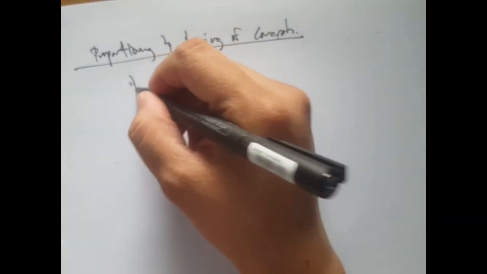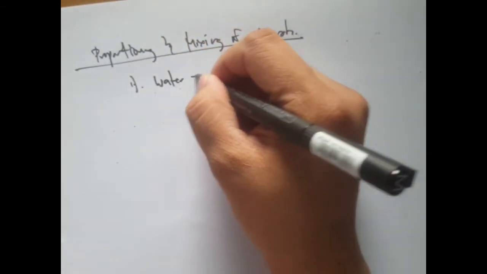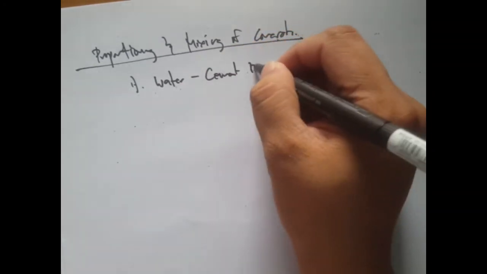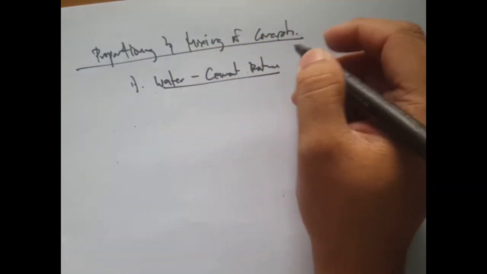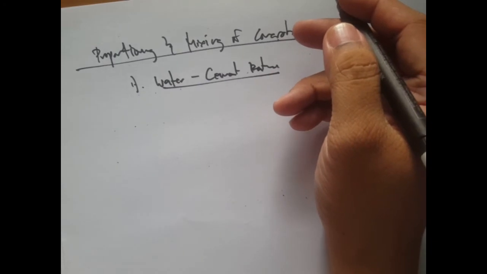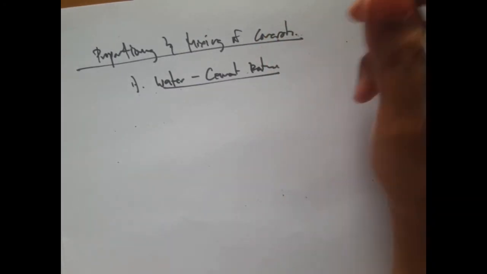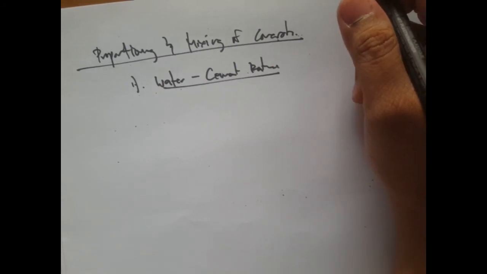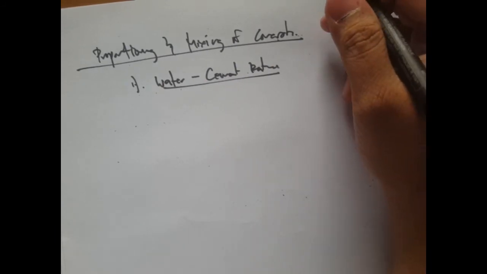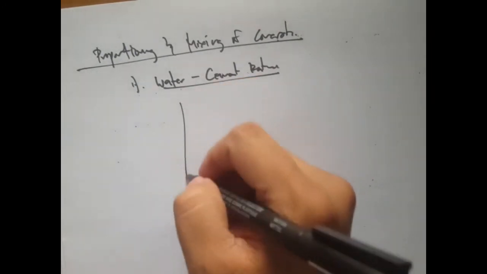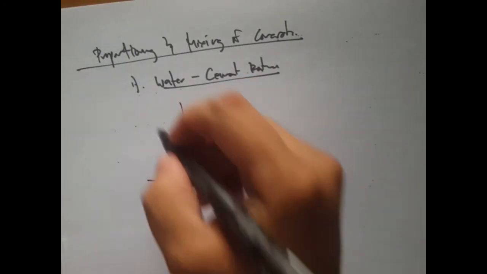Number one, let's discuss the water cement ratio. Water is necessary for the reaction to take place in the concrete mix. That's given, but it greatly affects the strength of concrete.